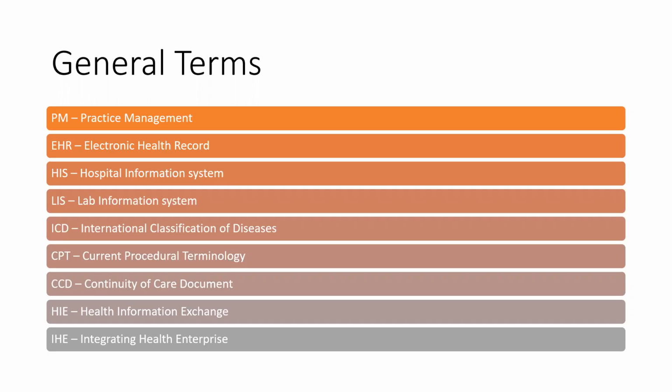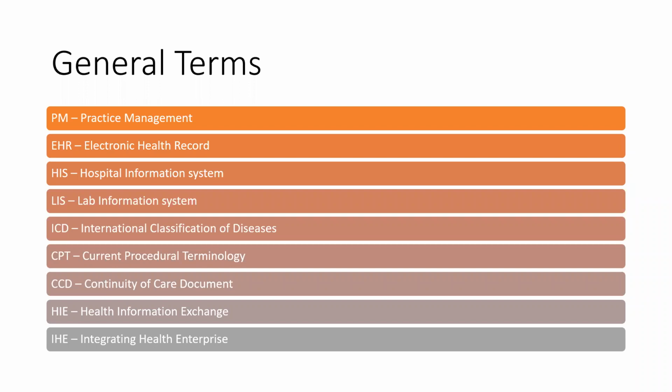Similarly, CPT is also a library, but on a different angle. It is called Current Procedural Terminology. Once a patient is diagnosed with a certain disease, we know that they will be treated with a certain treatment, right? So what treatment is being given to the patient has to be indicated using these CPT codes.